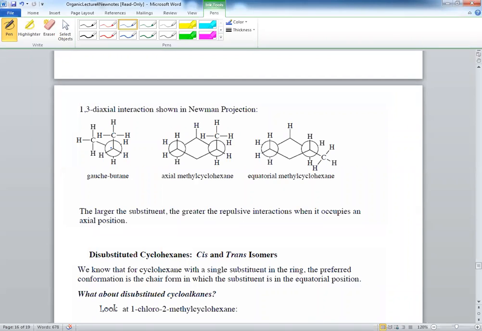If you can trace it right here, if you have a gauche butane, and when it's axial, if you look at it this way, axial methylcyclohexane, you would have two gauche butane, two gauche conformations or interactions right here. And in this one, when you have an equatorial, there are no gauche interactions.